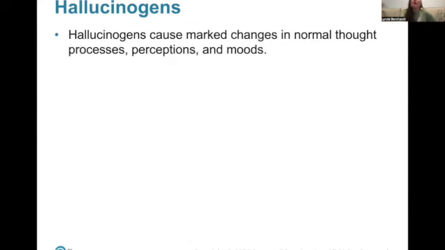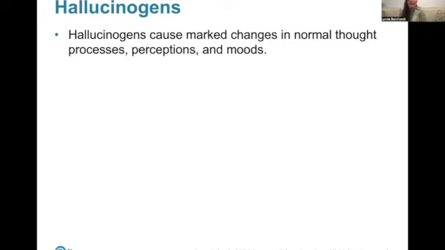Hallucinogens. Most people, when you hear hallucinogen, you're just automatically going to think acid. This is the stuff that changes your normal thought process. It makes you see things differently. It affects your mood. I want you to think about what you think about hallucinogens for just a second.